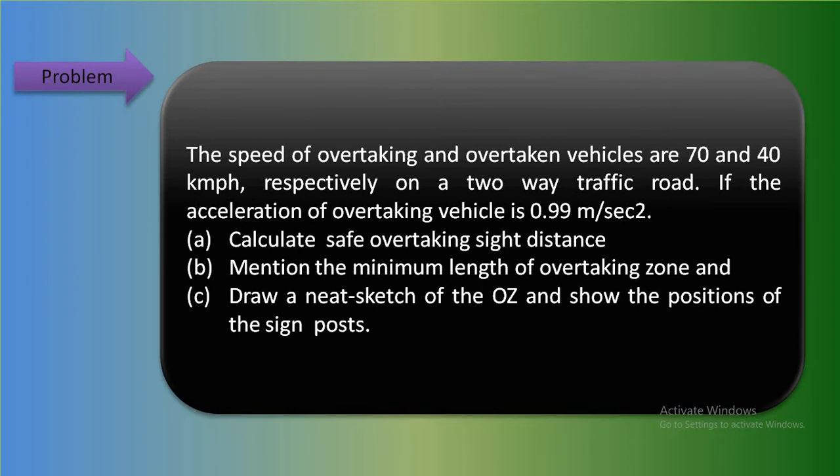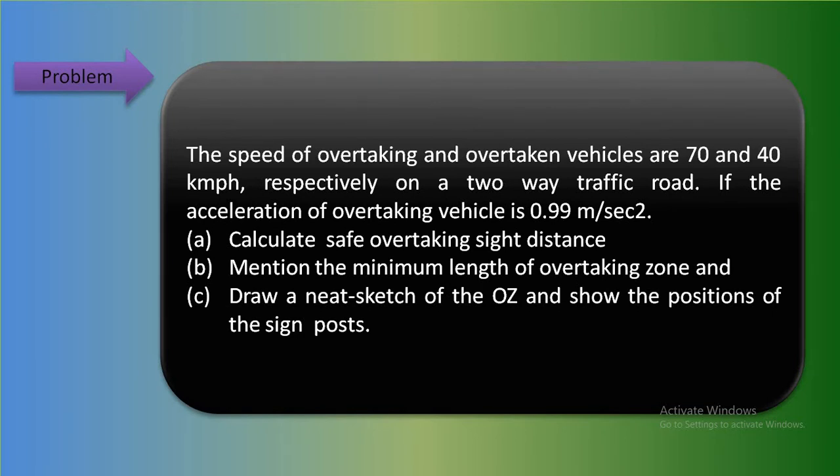Guys, here two speeds are given. One is the overtaking speed and the second one is the overtaken speed. One is 70 km per hour and another one is 40 km per hour. It is a two-way traffic road, as mentioned in the question. And here the acceleration of the overtaking vehicle is given, 0.99 meter per second square.